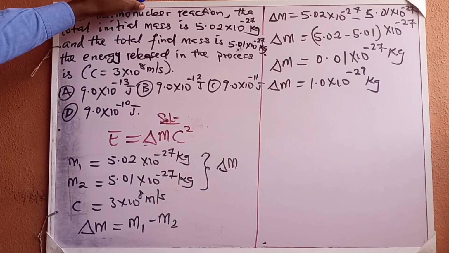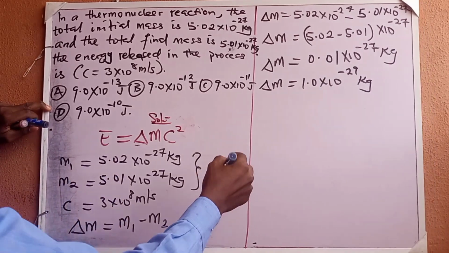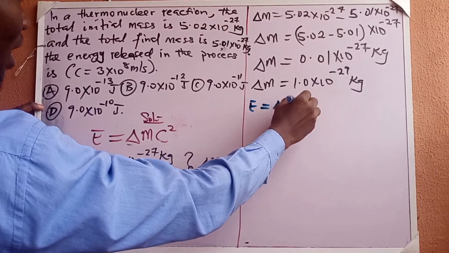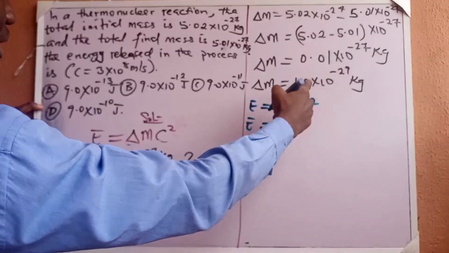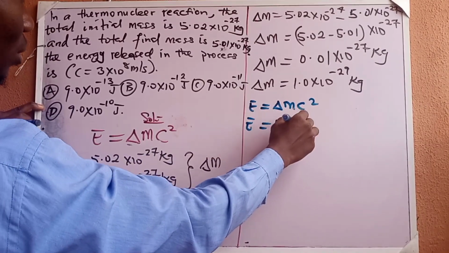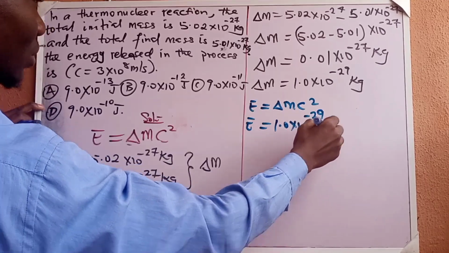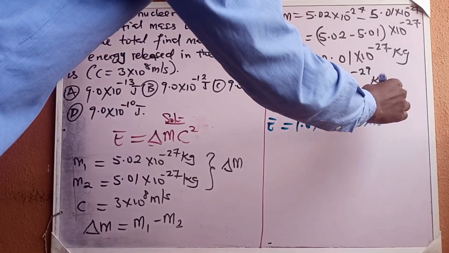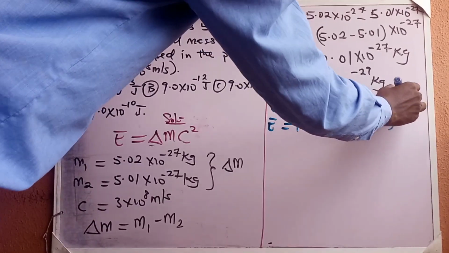So I've gotten my mass defect, and we're now in a good position to get the energy. We know that energy E is delta M C squared. So energy will be delta M, which is 1.0 multiplied by 10 to the power of negative 29, times C squared, that is 3 times 10 to the power 8, all squared.